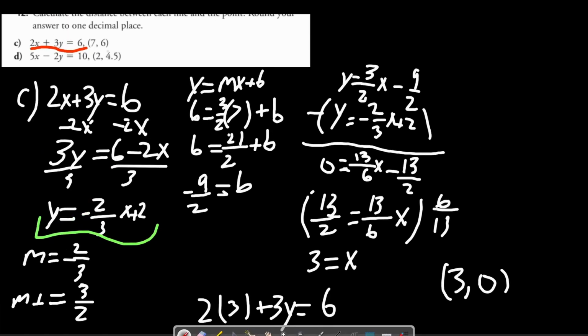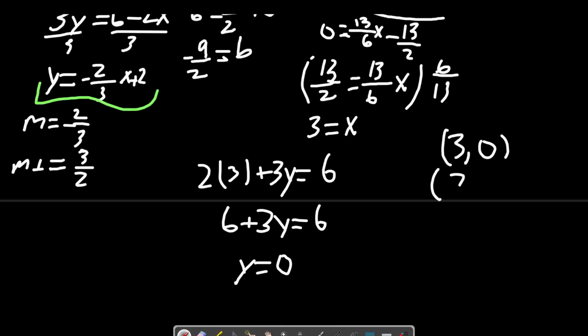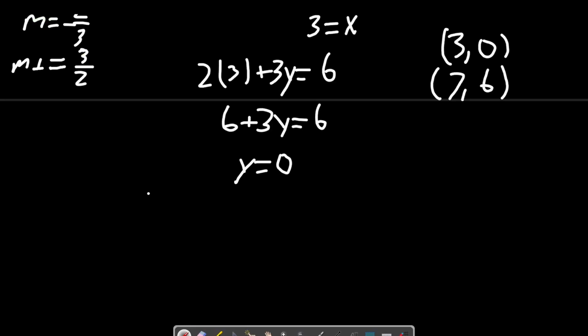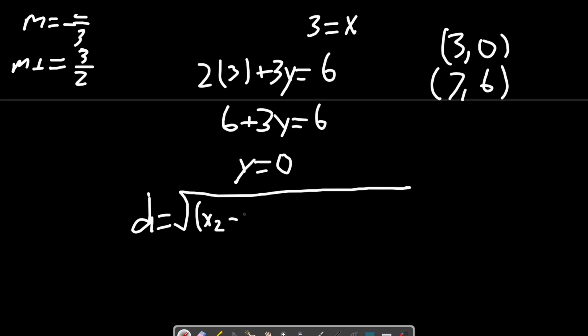Our other point here is 7, 6. We can plug those two values into the distance formula: square root of x2 minus x1 squared plus y2 minus y1 squared.